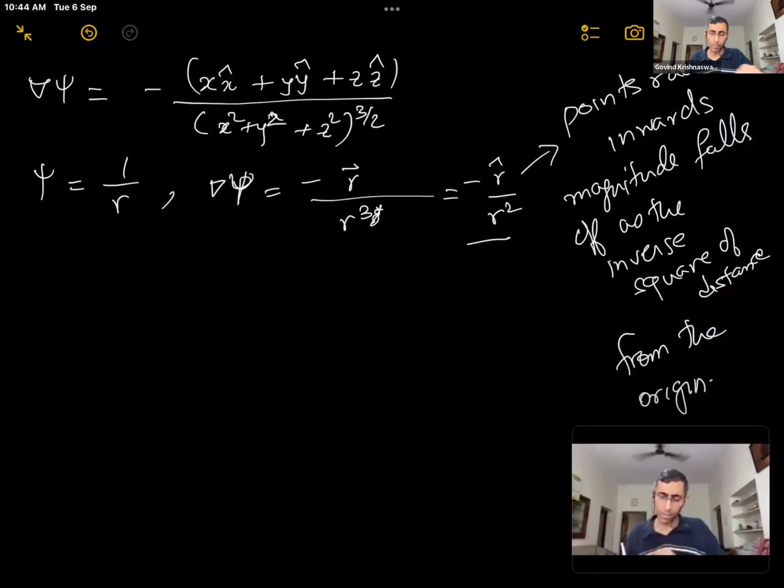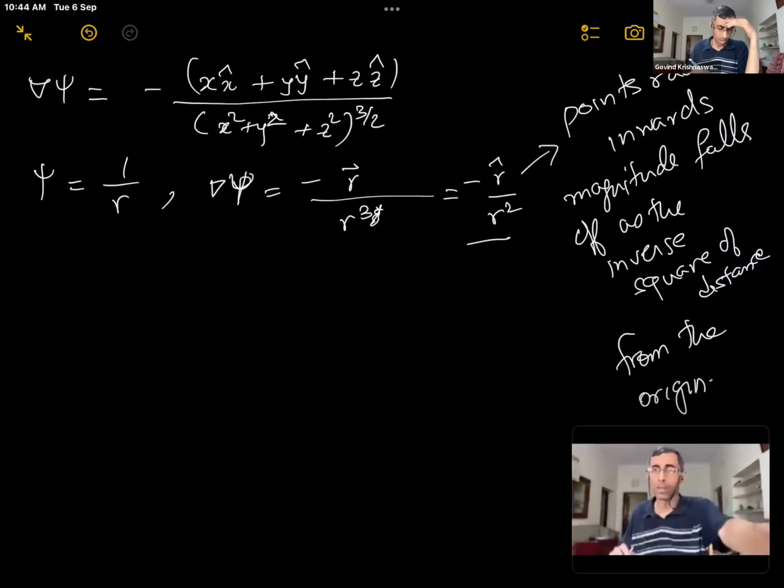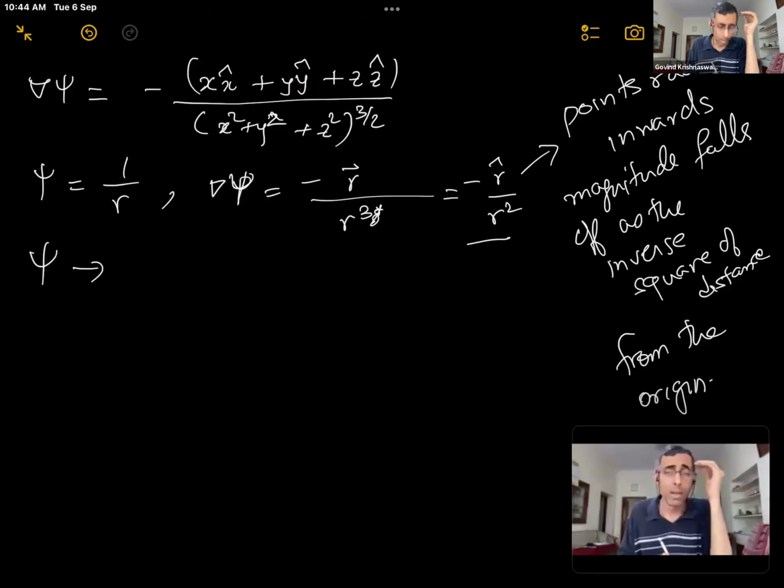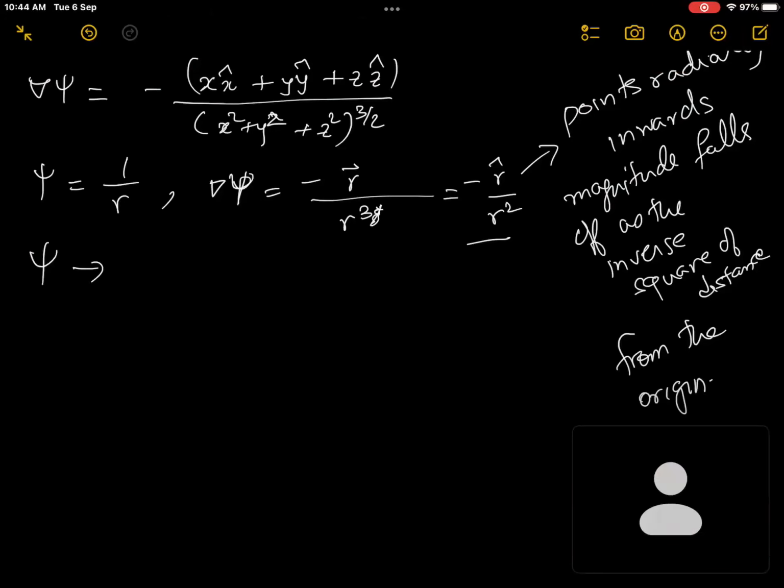We could have anticipated that basically because psi, what is the direction in which psi increases most rapidly? Could you advise me on that? Yes, sir, that would be radially inward because psi is constant on a sphere, and it increases as the distance from the origin decreases.